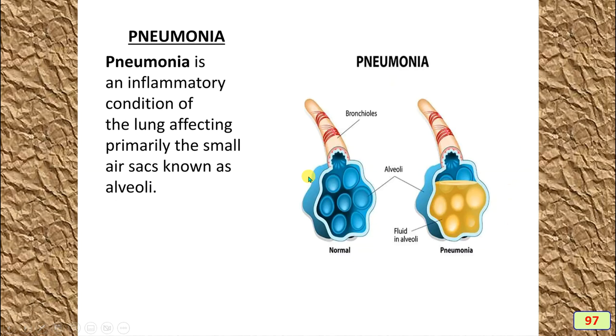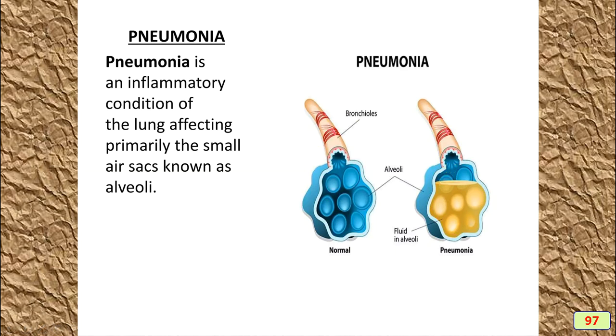Then pneumonia is a process in which there is inflammation of the lungs and the bronchioles. Normal lungs look like this, with the normal architecture and bronchioles. Whereas in pneumonia, fluid fills the alveoli and there is also thickening of the walls of the trachea.